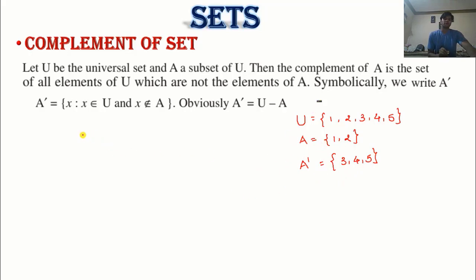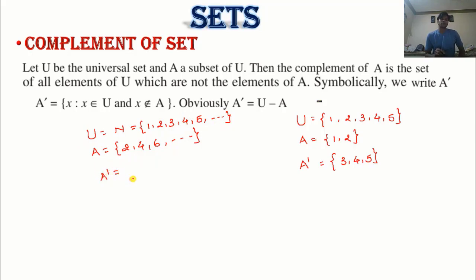See another illustration. Suppose we have U equals N, the set of natural numbers, and A equals the set of all even natural numbers. Then N is 1, 2, 3 and so on. Now the complement of A, it means A dash.